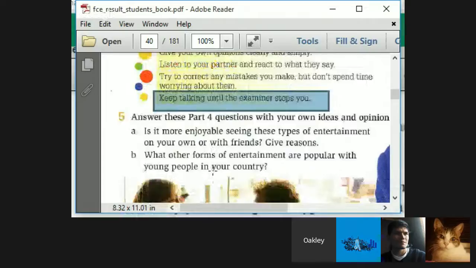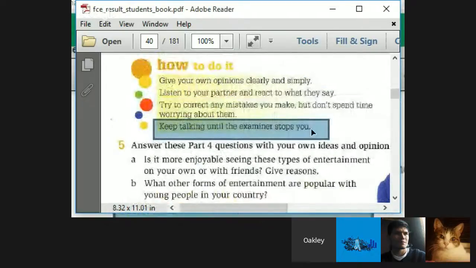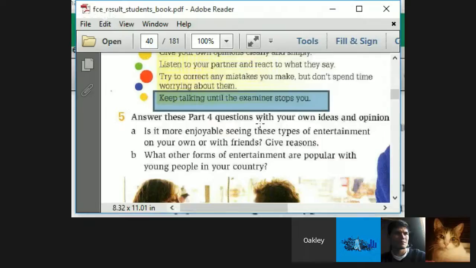All right. Part 3 questions. You're going to be asked about a bunch of pictures and talking about similarities and or differences and your opinion regarding them. We're going to get to that in a minute, but since I have this material here, part 4 flows naturally from part 3.